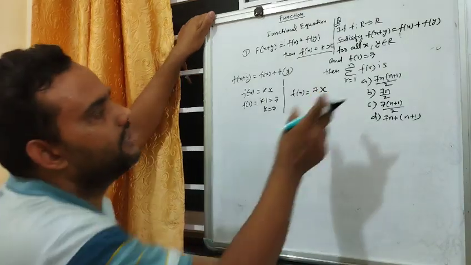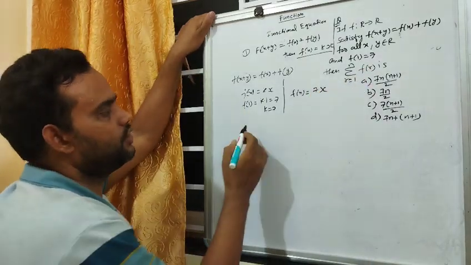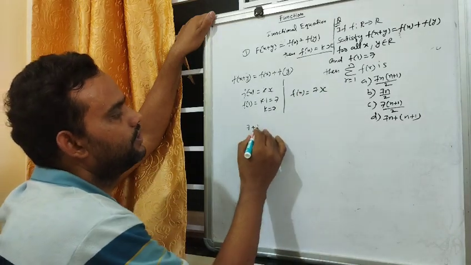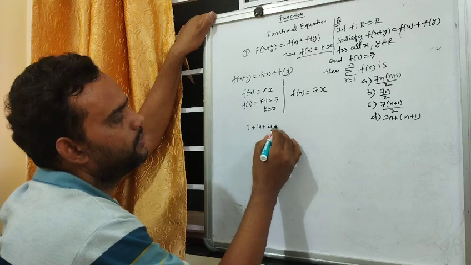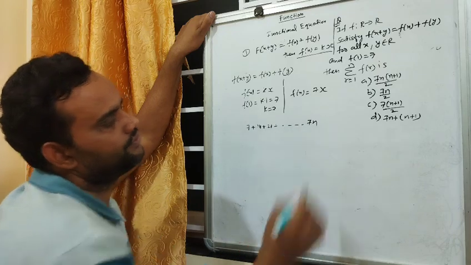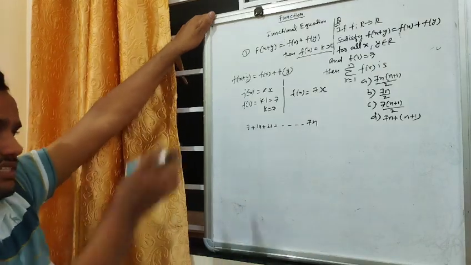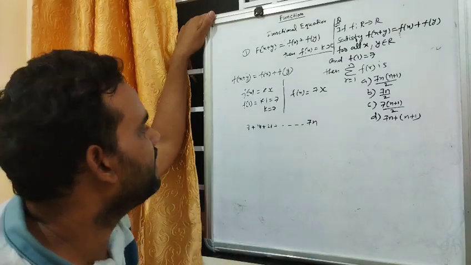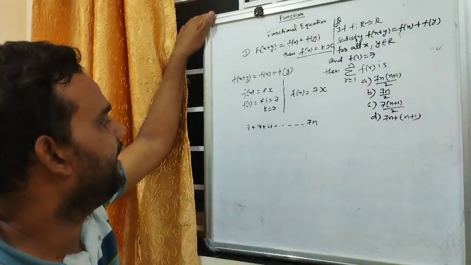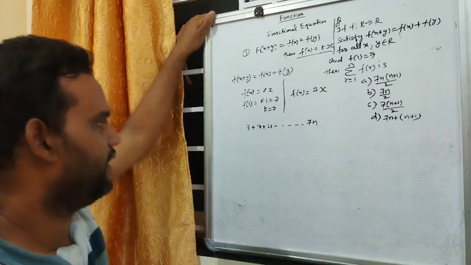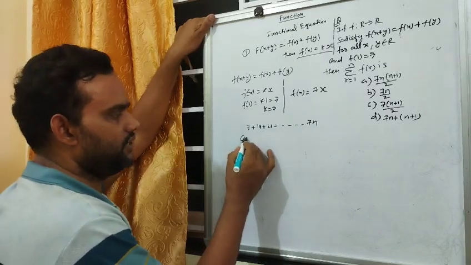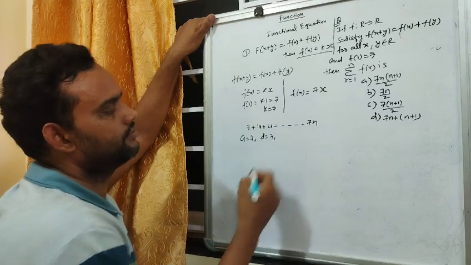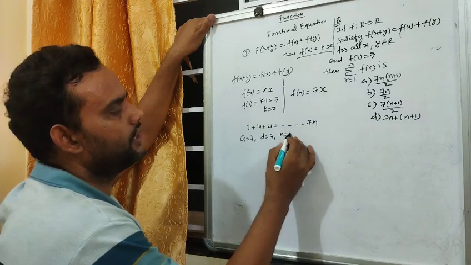Now we want to find the sum of the series. First take x equals 1, so 7. Now x equals 2, 14, x equals 3, 21, and so on. The given series is clearly asking for the sum of the first n terms of an AP, arithmetic progression. The first term is 7 and the common difference is 7. The number of terms is n here.